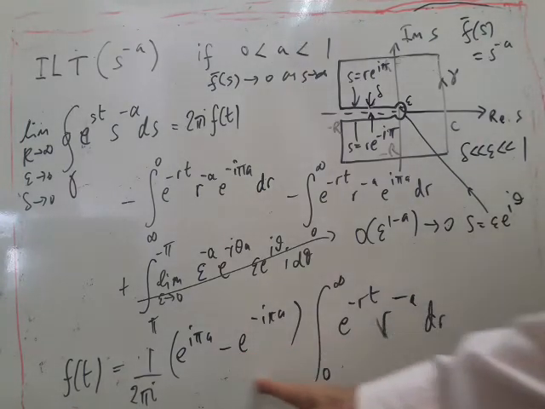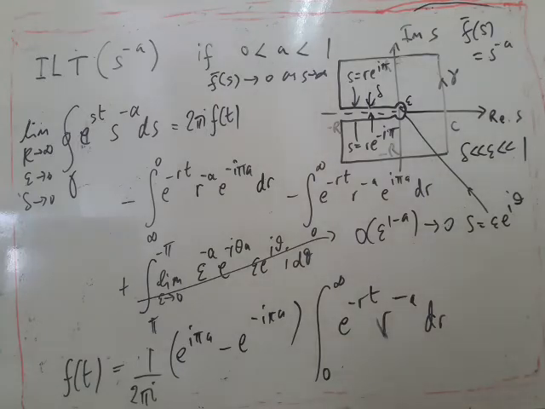So this looks familiar. This is simply sine pi a divided by pi.